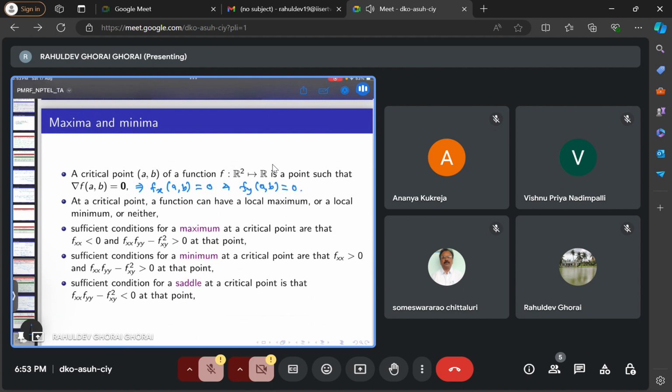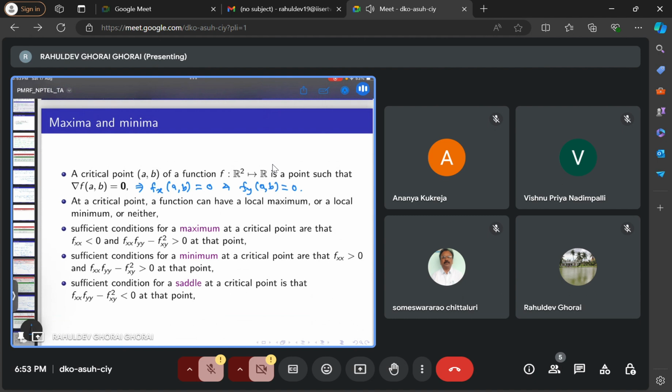The sufficient conditions for a maximum at the critical point are: the second derivative of f with respect to x has to be less than 0, that is fxx is less than 0, and fxx times fyy minus (fxy) square has to be greater than 0.